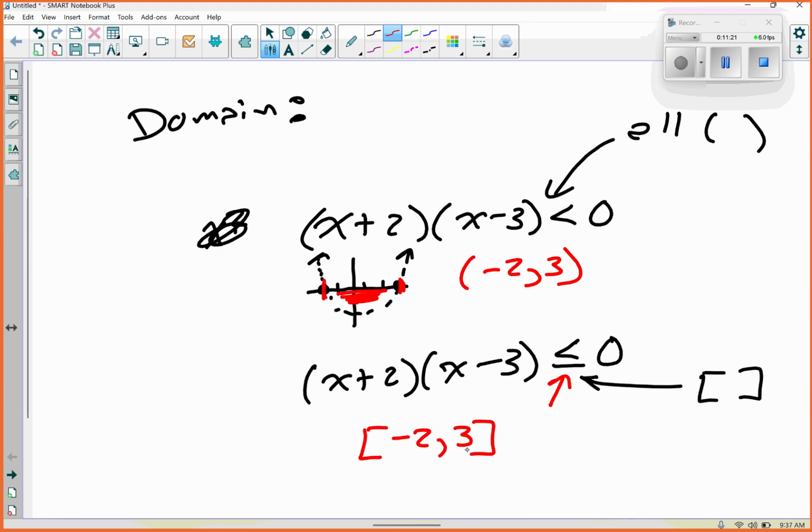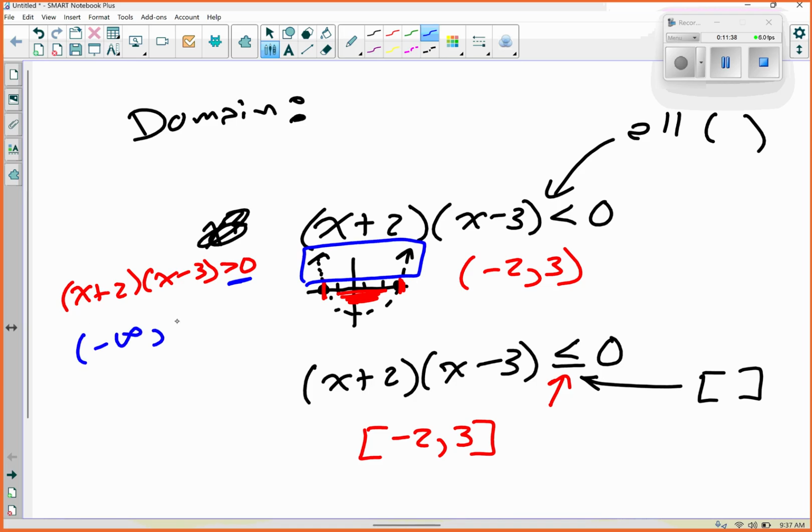If this was this equation, I'm just going to flip the sign over. That's the same parabola, but because it's bigger than 0, I want above. So this is going to go from -infinity to -2, and then from 3 to infinity.